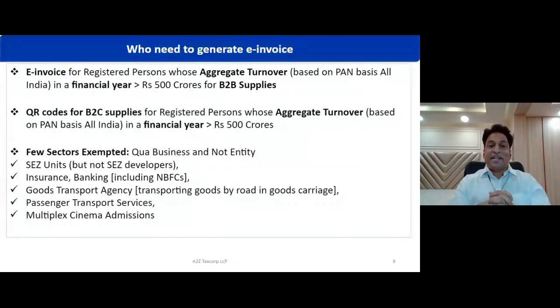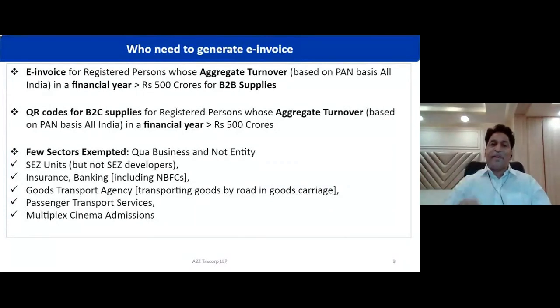If you have taken separate registrations under the same PAN, you become distinct persons. Turnover between distinct persons needs to be added in the aggregate turnover, and the total needs to be checked. If it crosses 500 crore, then you are the registered person who must compulsorily follow the e-invoice generation provision for B2B supplies, business to business, registered to registered person.